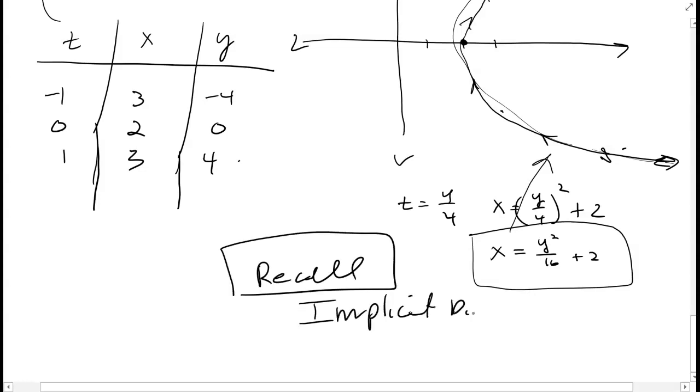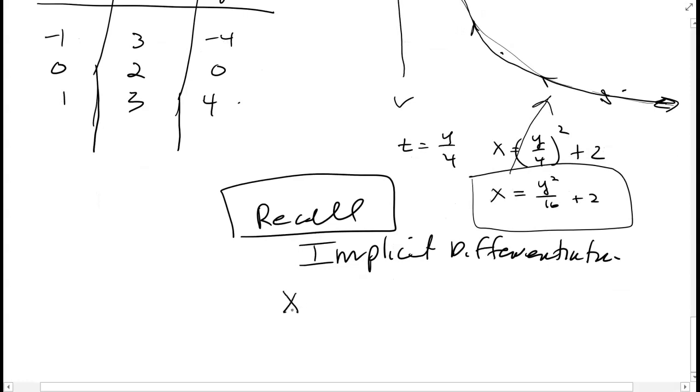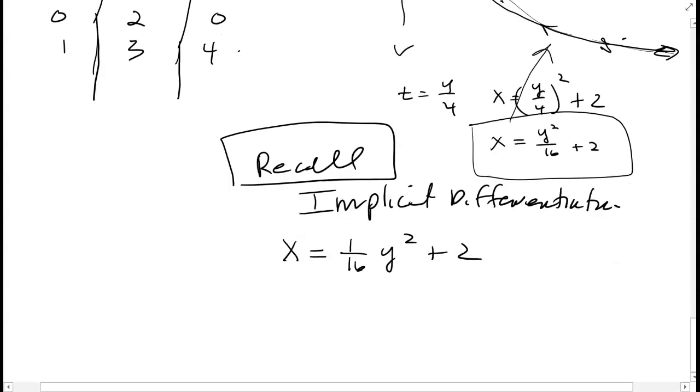Implicit differentiation, but you kind of need it in that one, because to solve for y, you've got a radical, it's not going to really work. x equals 1/16 y squared plus 2.